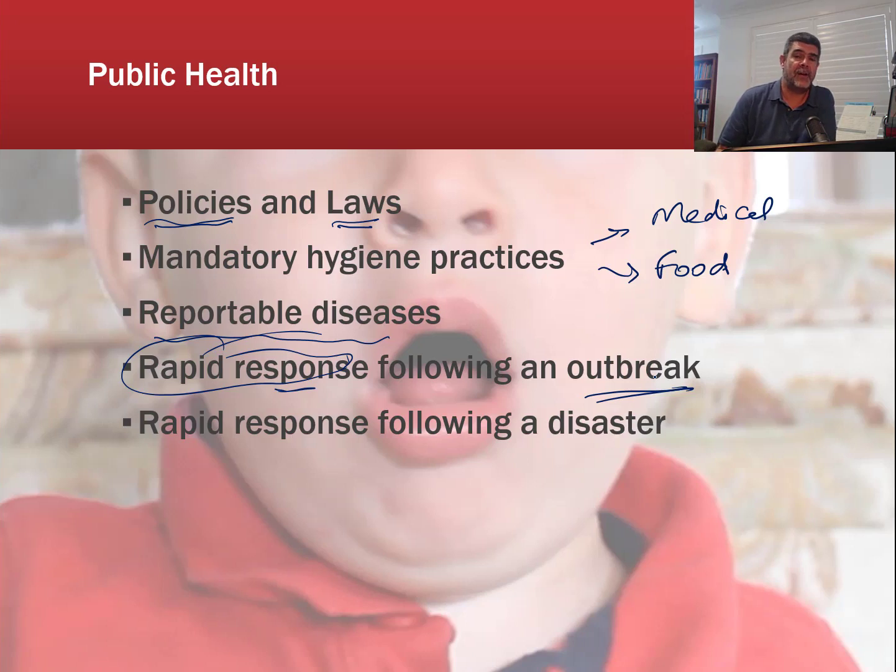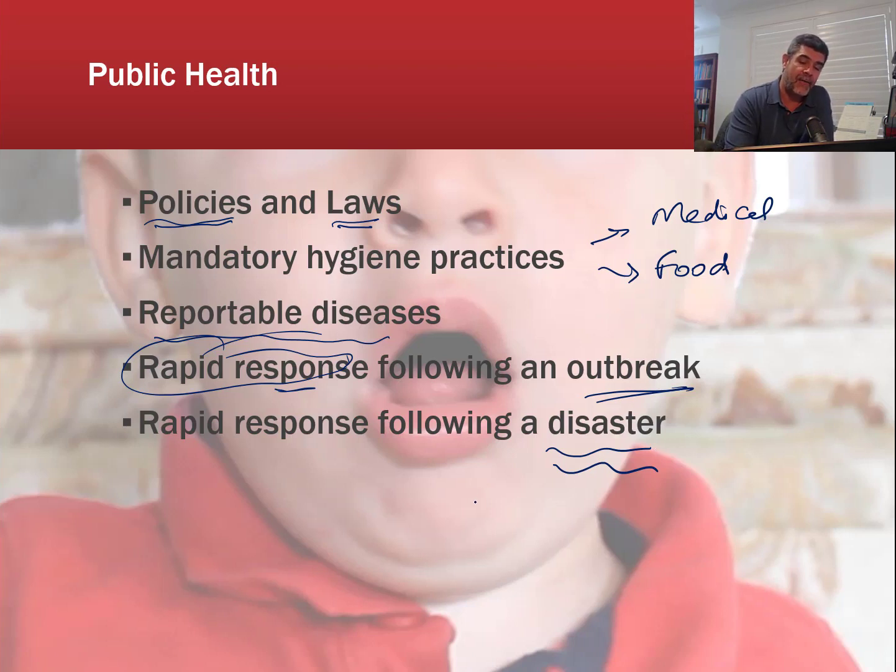As another side area of public health, there are some serious consequences potentially following disasters. In Australia, we've been pretty well protected from a lot of tectonic events, volcanic eruptions and earthquakes, but we do have them occasionally.